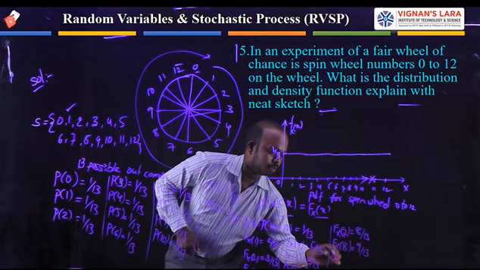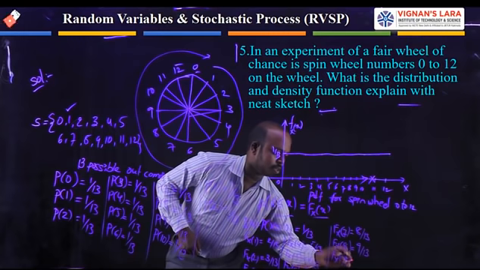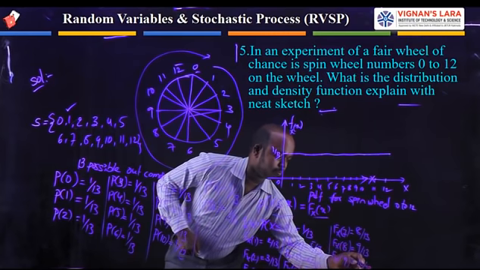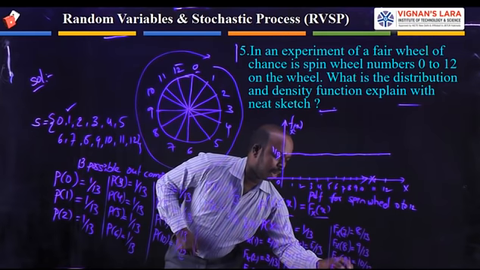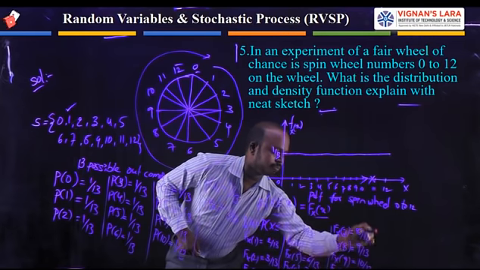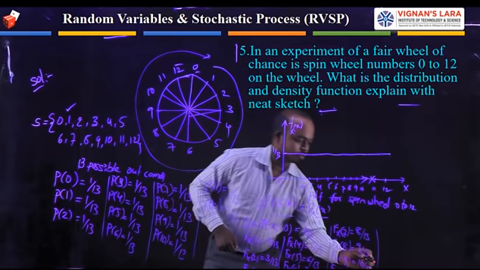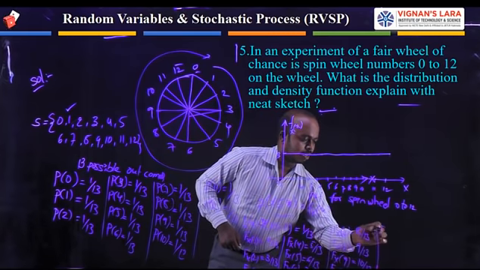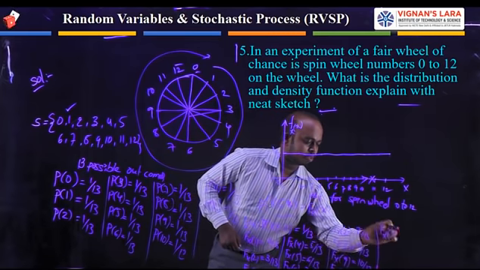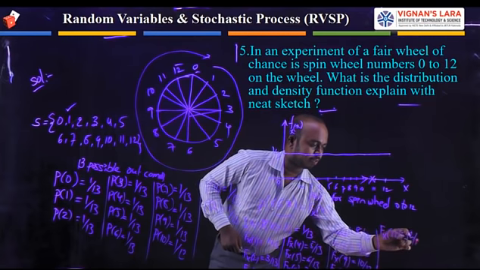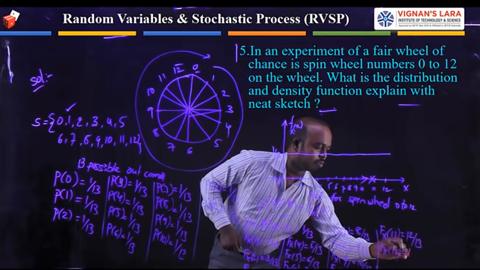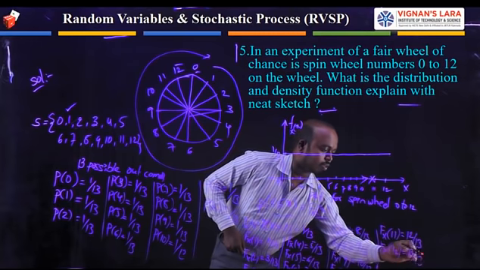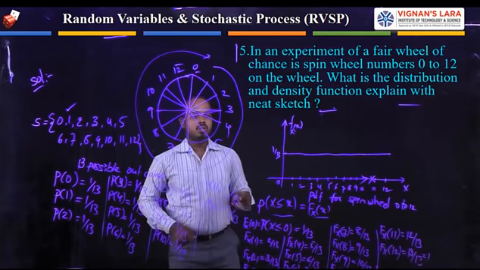Fx of 9 is equal to 10 by 13. Fx of 10 is equal to 11 by 13. Fx of 11 is equal to 12 by 13. And Fx of 12 is equal to 13 by 13. The value is 1.